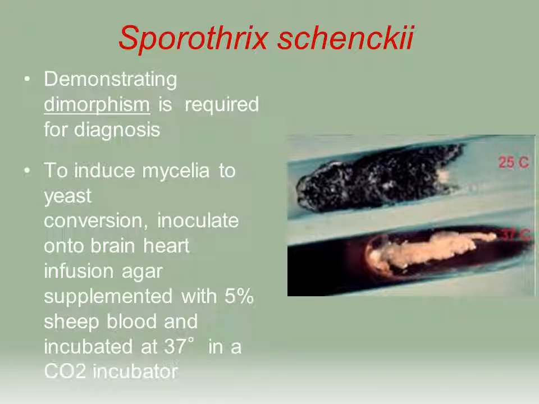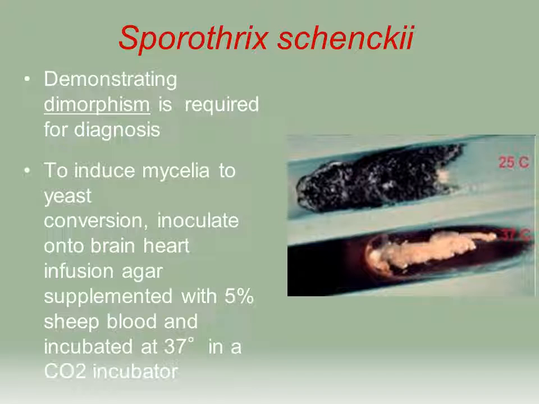So here we have two tubes growing this organism. On the top, you see the fungal growth that was obtained by incubating at 25 degrees. On the bottom, you see what it looks like as a yeast, which was obtained by growing it at 37.